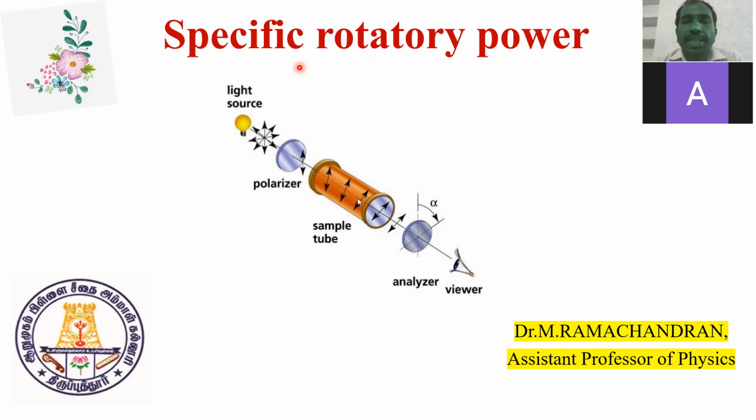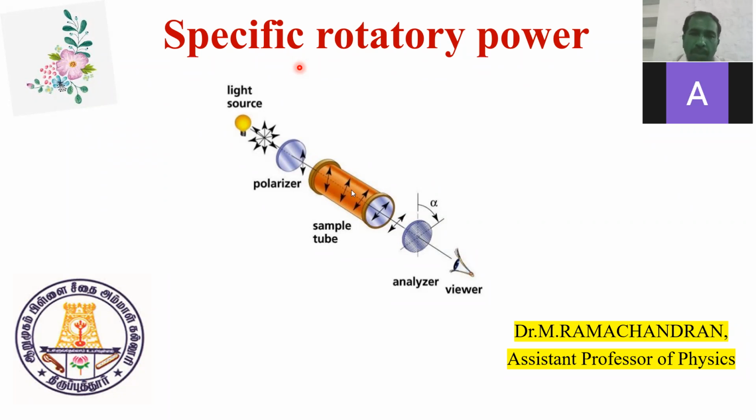That plane polarized light can be rotated through a certain angle, which is called the specific rotation. The specific rotation is nothing but a certain stoichiometric ratio. Suppose a 1 decimeter length of the solution is filled in a tube, and the concentration is 1 gram per cc.